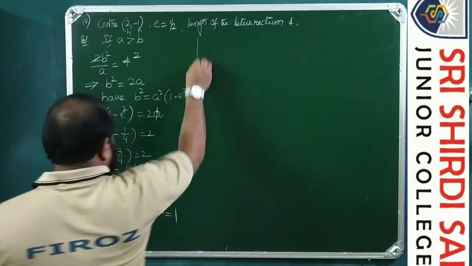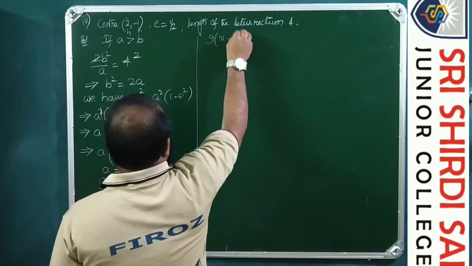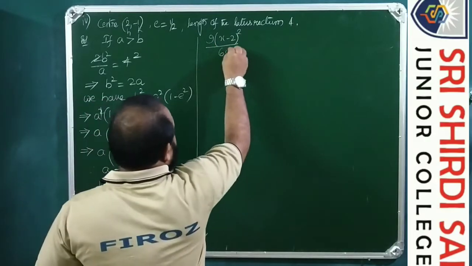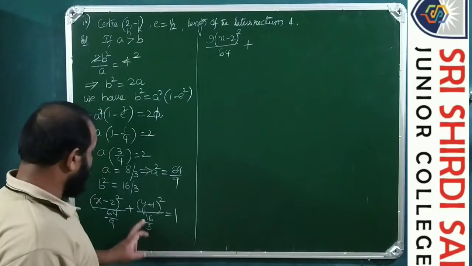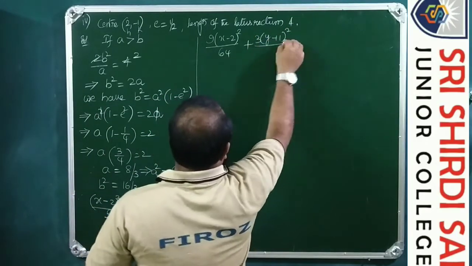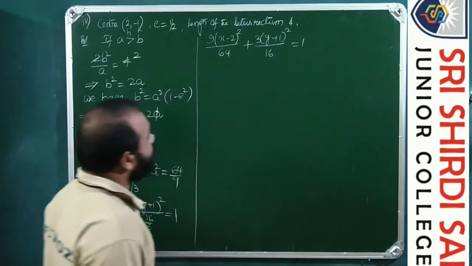So this is equal to 9 into x minus 2 whole square by 64 plus 3 into y plus 1 whole square by 16 equals 1.